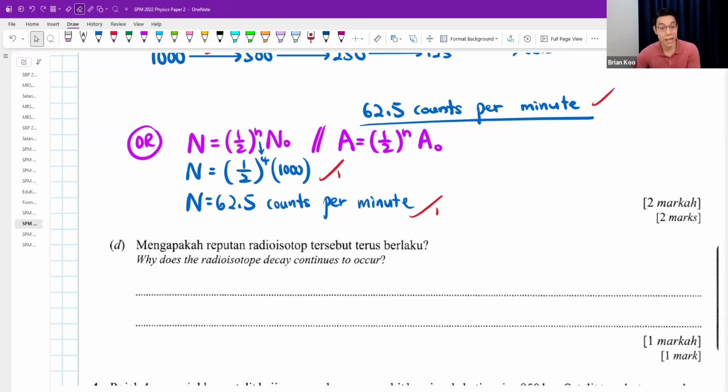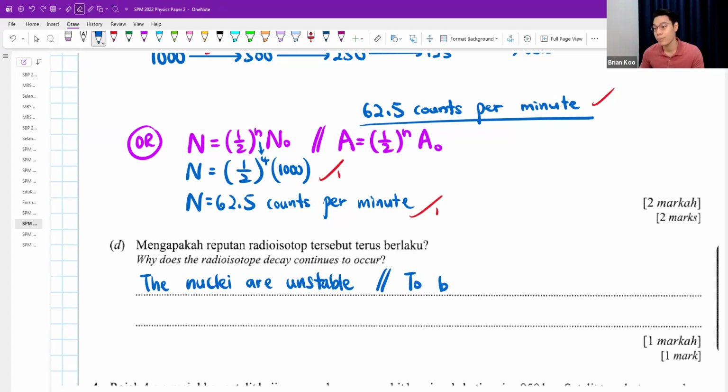Why would something decay? Because it is unstable, or because it wants to be stable, right? You can say because the nuclei are unstable. Or you can say because the nuclei can become more stable if they decay.